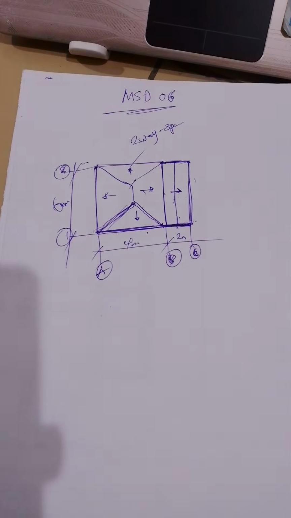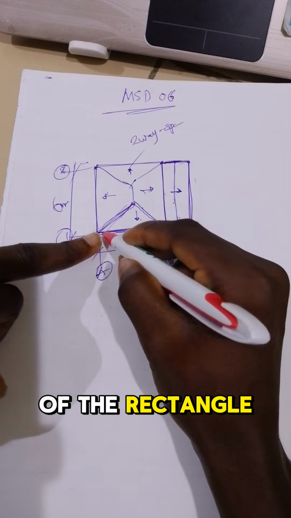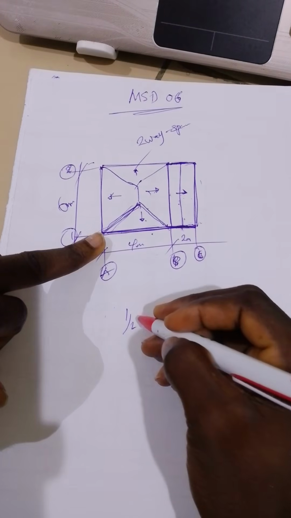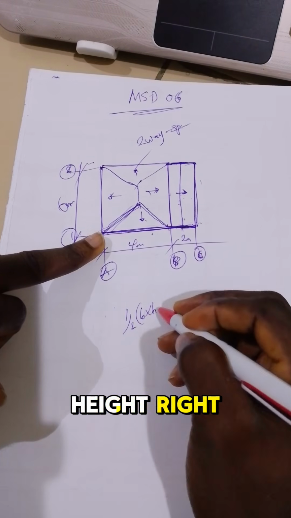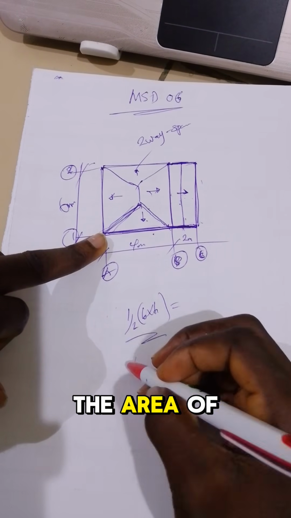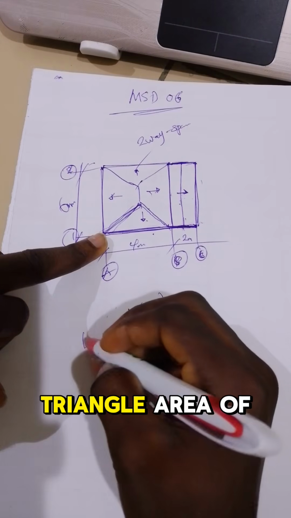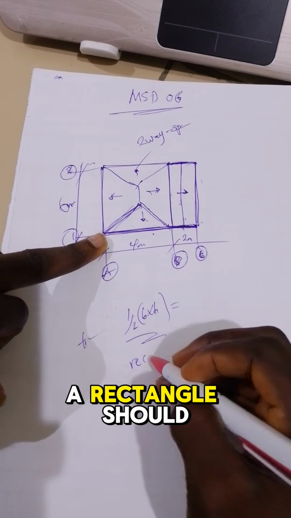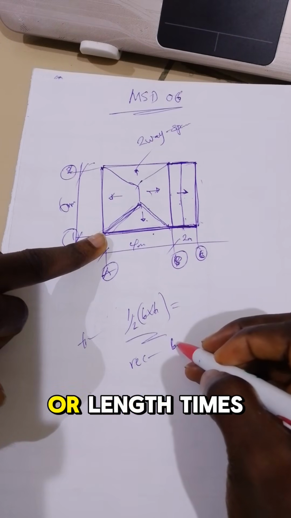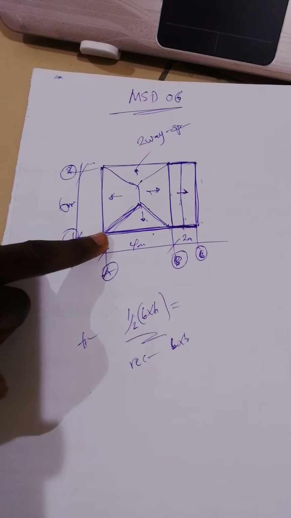Then for the area of the rectangle, it will be half base times height, right? That gives us the area of a rectangle. So get the area of a rectangle, area of a triangle, area of a rectangle should be base times or length times breadth, right?